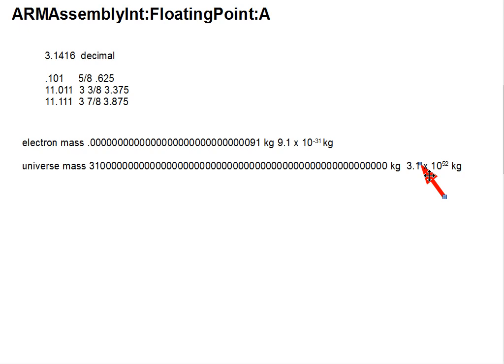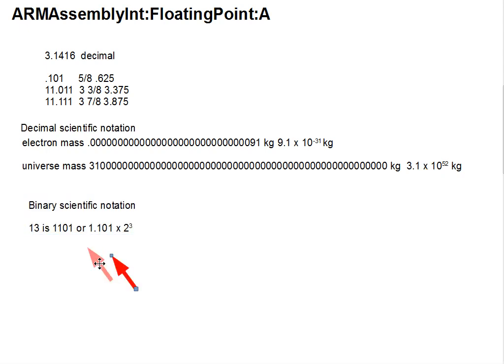Now, scientific notation also works in binary, with the obvious change that the mantissa is in binary and the exponent is a power of 2, not 10. So we might write 13, or 1101, as 1.101 times 2 to the third power. As in decimal scientific notation, the power of 2 has the effect of shifting the binary point to the right or to the left.